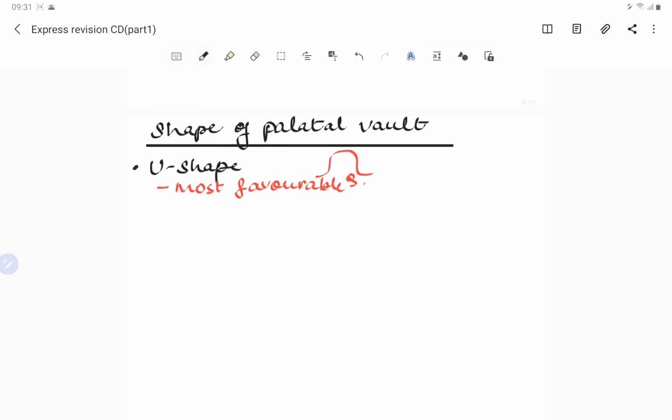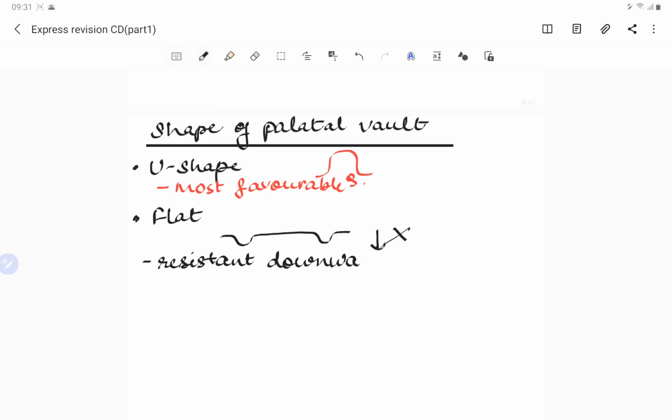Then we have the flat palatal vault. Suppose this is the maxillary tuberosity and the palate is flat. This is the flat palatal vault. This palatal vault is going to resist the downward pull. There is not going to be downward movement; there is going to be resistance to the downward pull.